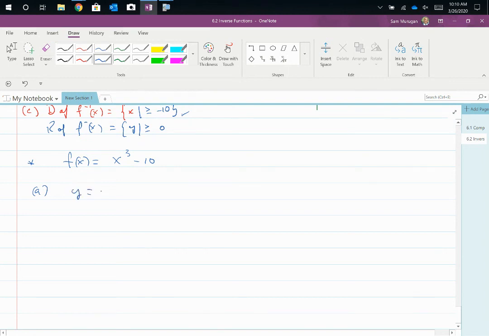So y is equal to x cubed minus 10. So x is equal to y cubed minus 10. So y cubed is equal to x minus 10. So y is equal to the cube root of x minus 10. So f inverse is the cube root of x minus 10.